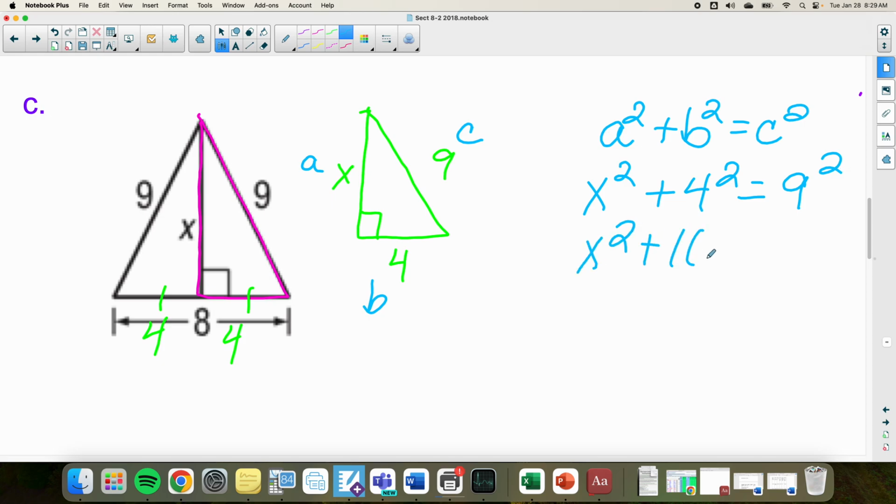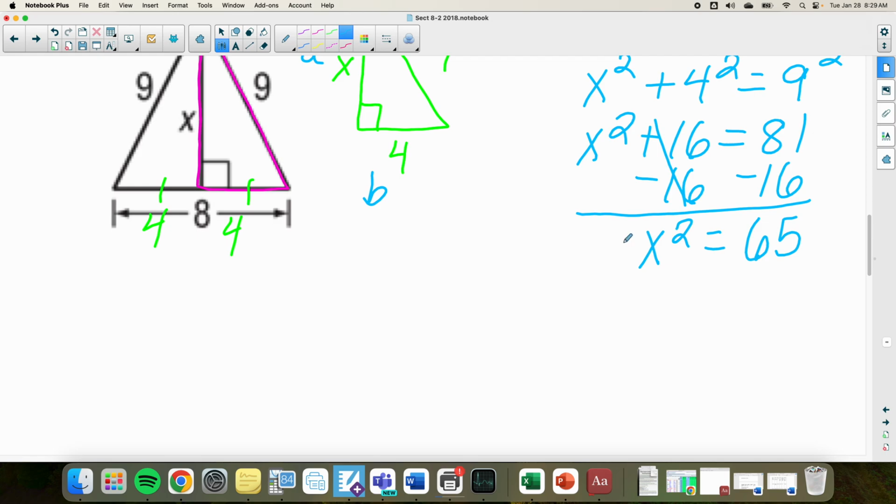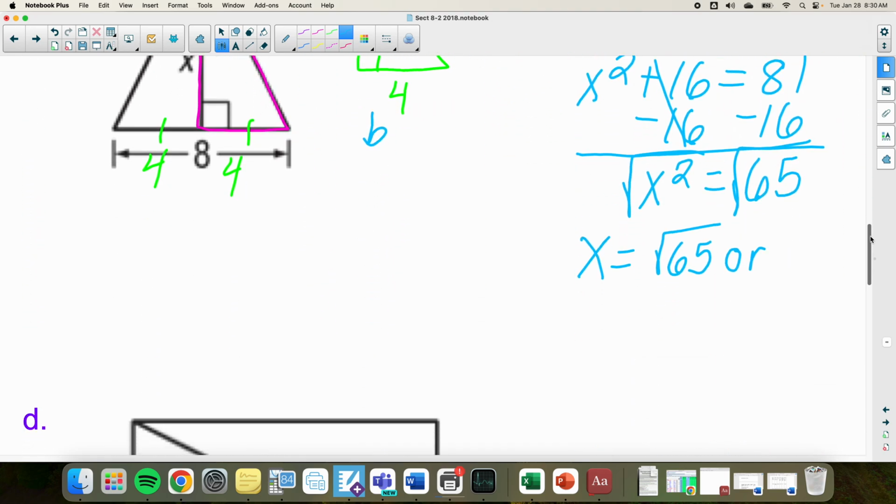So this would be x squared plus 16 equals 81. Subtract 16. And x squared would equal 65 again. These two just happen to be the same. So you could have left it as root 65, or like we got up here, 8.06.